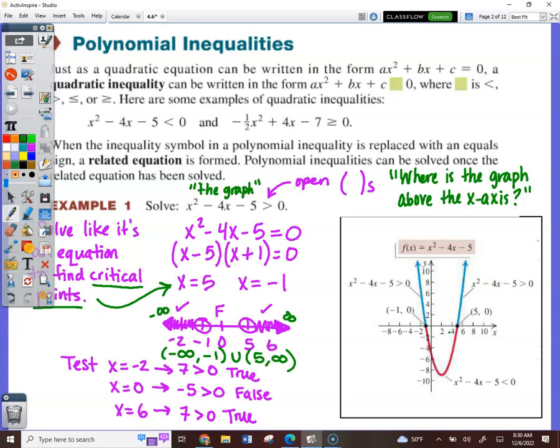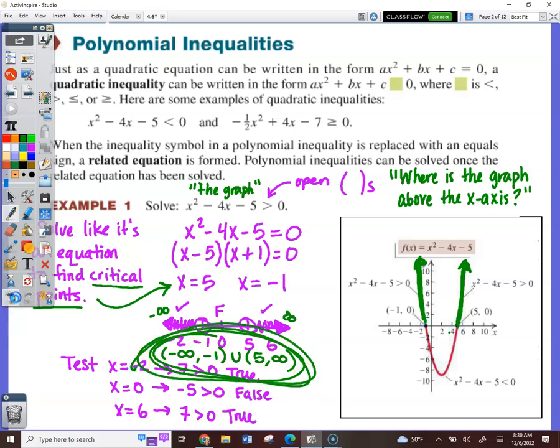Where's the graph above the x-axis? So you look at the picture and you say to yourself, well, above the x-axis would be here, right? And here. Yes?